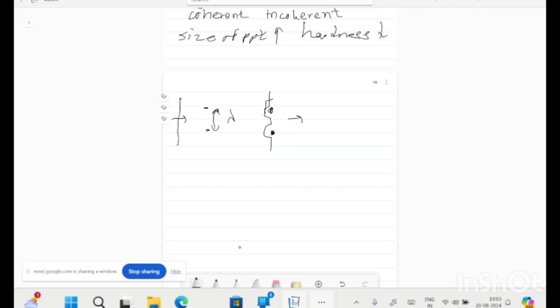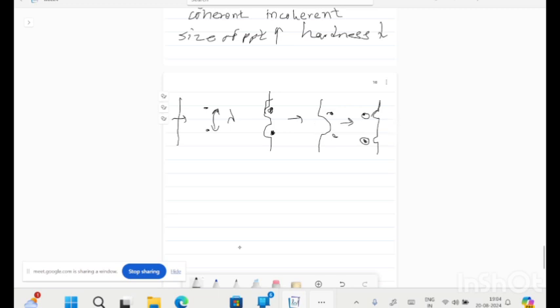Then it will go like this. Then after that the dislocation moves past the precipitates, and it will form the dislocation loop around the precipitate as it moves.